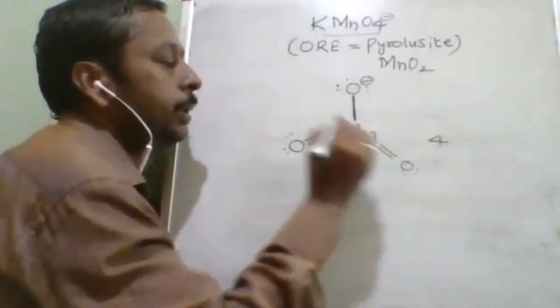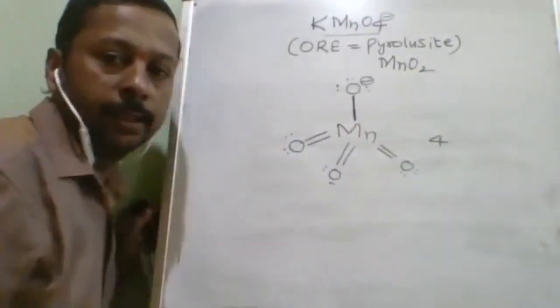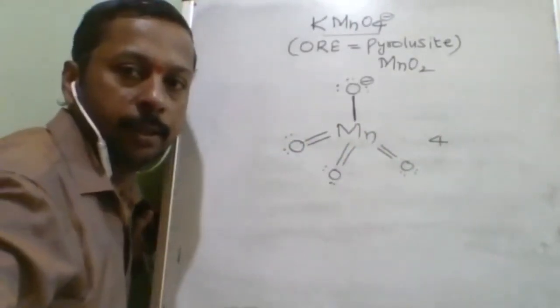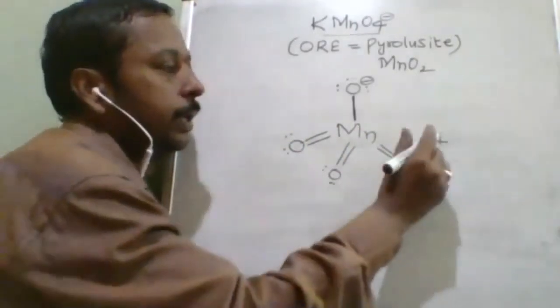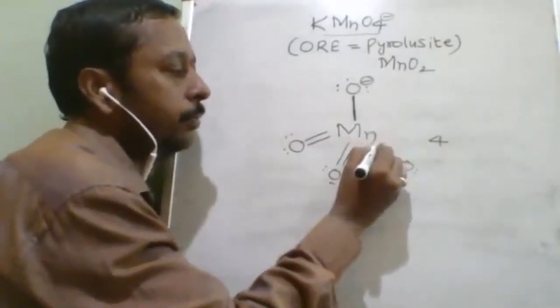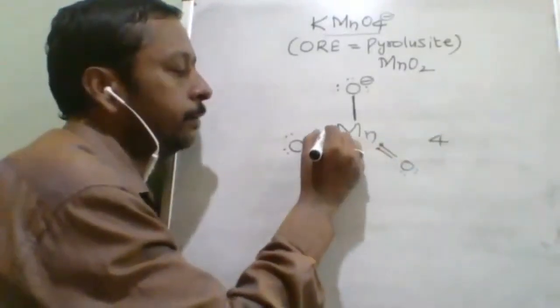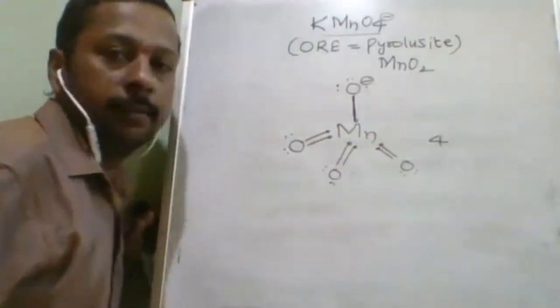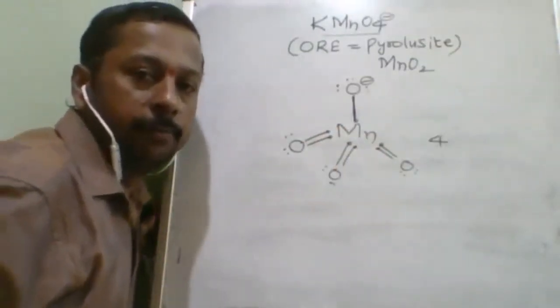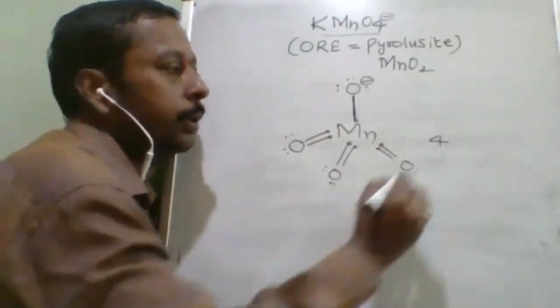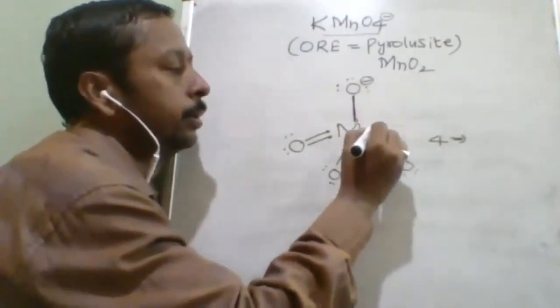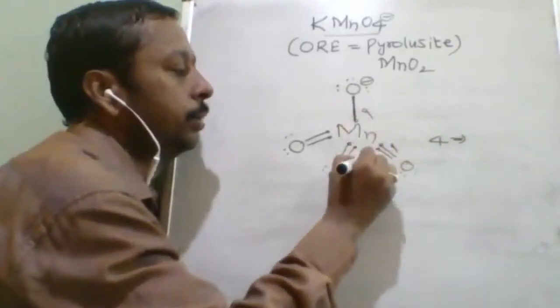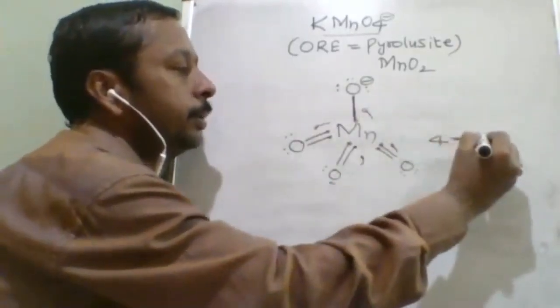In manganese, in the last shell, it contains 7 electrons: 1, 2, 3, 4, 5, 6, 7. All 7 electrons are involved in bond formation. Therefore, no unpaired electrons, and 4 bonds are there.